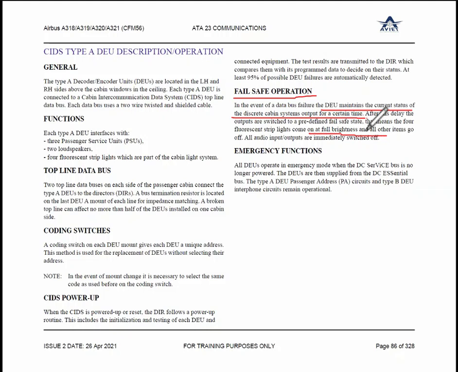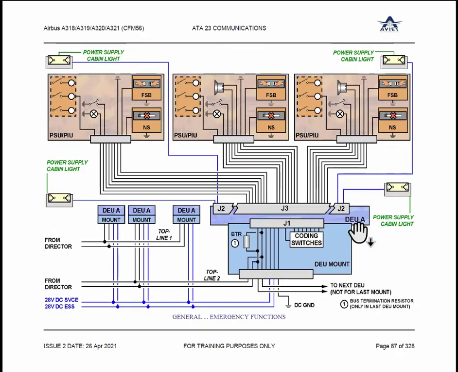No control, full bright always. I hope this is clear. These lights 1, 2, 3, 4: if this fails, these lights will be 100% on. Other services will not be there. Clear, sir?